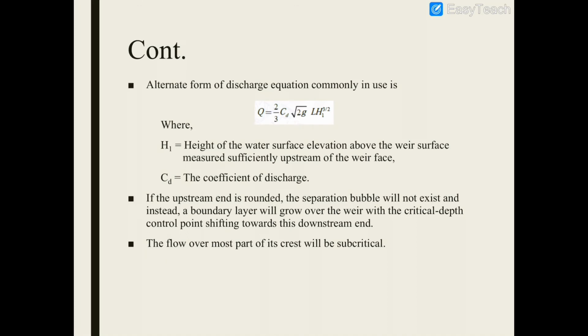The flow over most part of its crest will be subcritical in case of rounded upstream end of broad crested weir.